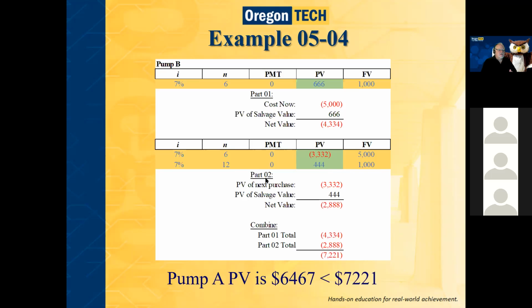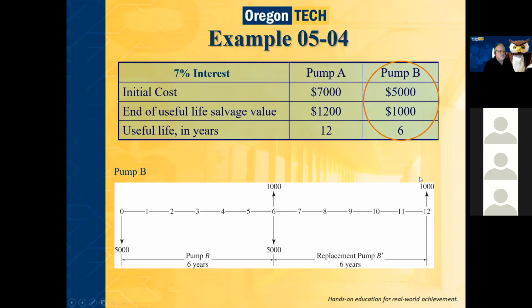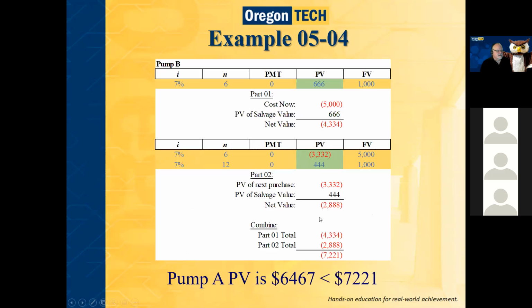So there's a part 2, and what we're doing here is going backwards. Because remember, we did this part. Now we're doing this part here. So that second machine to fill up the rest of the 12 years is $2,888.